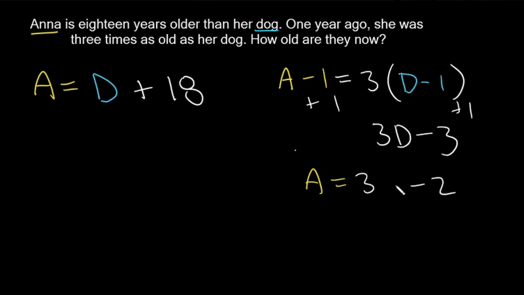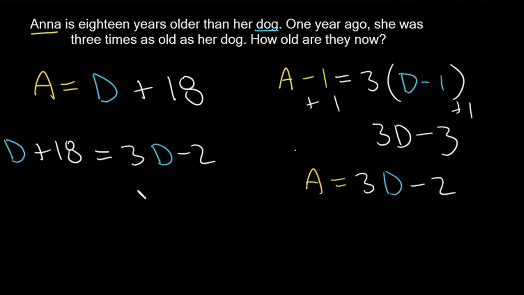Let me make this blue. So both of our equations are equal to A, so we can actually set them equal to each other to solve for d. So let's do that. D plus 18 is going to be equal to 3d minus 2. Let's start by subtracting a d on both sides, and then let's add 2 to both sides.